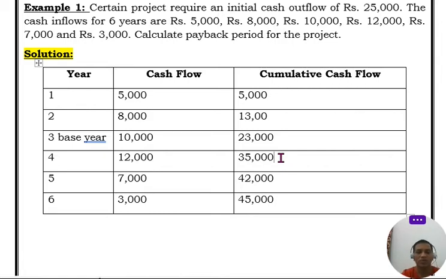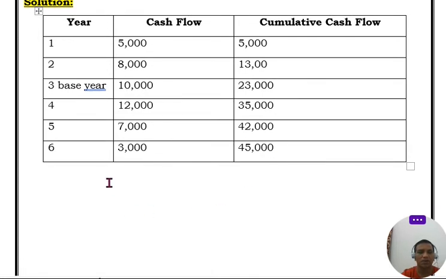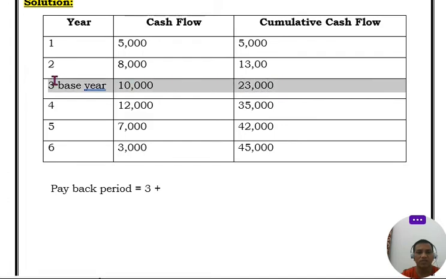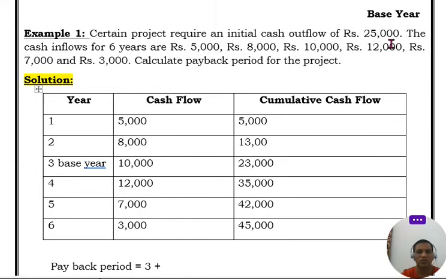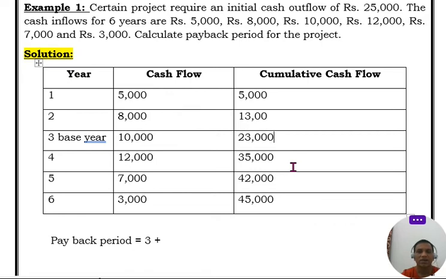So we will apply the interpolation formula. What is the interpolation formula? Payback period is equal to base year, 3, plus the balance to be recovered. Up to 3 years you recover 23,000. The cost of the project is 25,000. You recovered only 23, still a balance is there. How much is the balance to be recovered? 2,000.